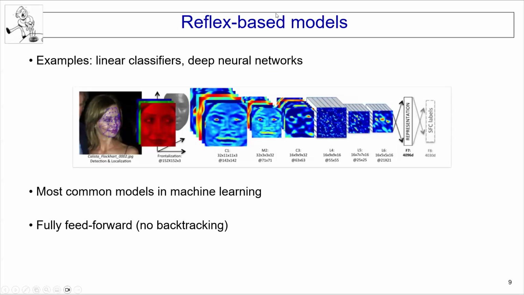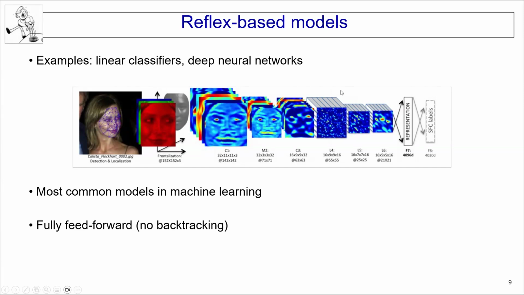So first we talk about reflex-based models. A reflex-based model simply performs a fixed sequence of computation on a given input. Examples include most models found in machine learning, from simple linear classifiers to deep neural network systems.